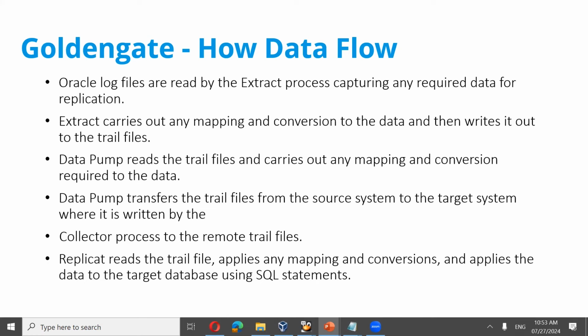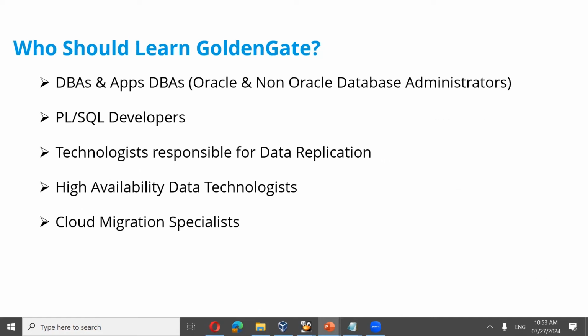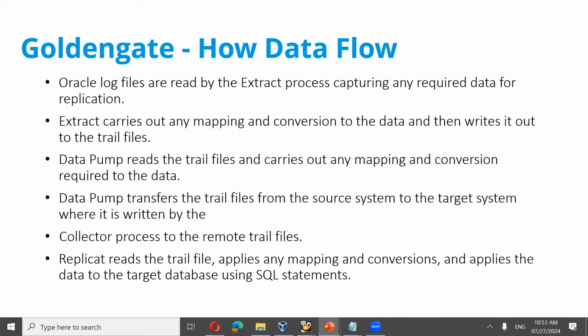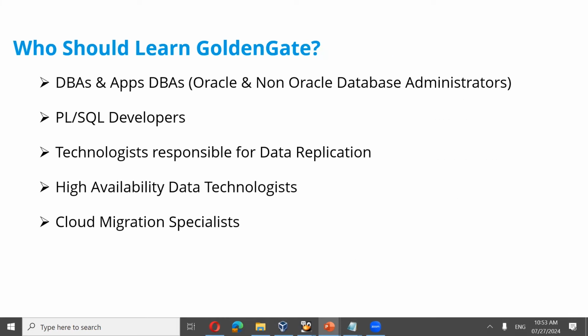Then the data pump process reads the local trail file and writes it to the remote trail file. Once the data is written into the remote trail file, the replicat process reads the trail file and applies it to the target database.